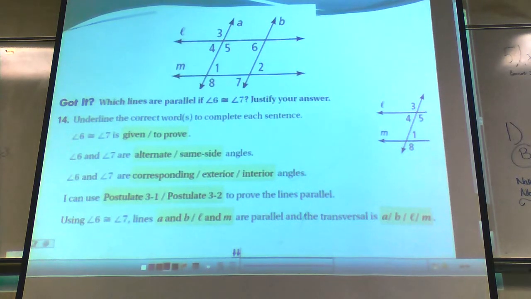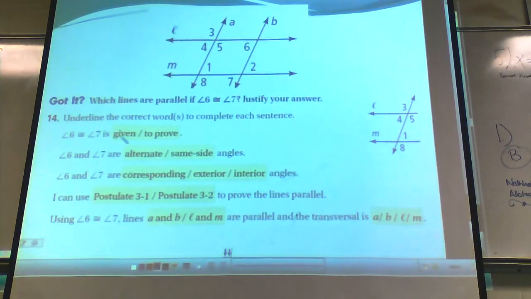Okay, but if I went through here, and it says underline, or I'll do circle, it's going to be more obvious. If I circle everything I need to complete the sentence, and if you just read through it, is this first part, 6 and 7, is that given or is that what they want me to prove? Just read it real quick.